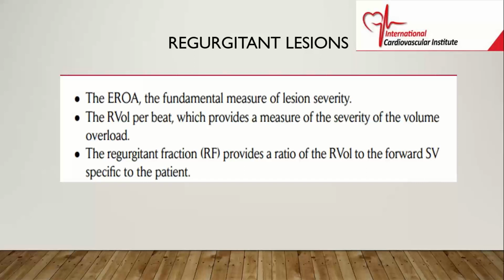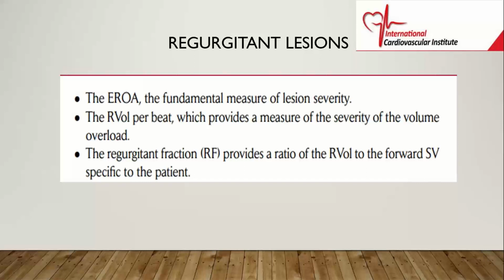So in diastole, when you have the forward flow across the mitral valve, it's going to be the normal flow plus the regurgitant volume that went back into the left atrium. So it's going to be larger than the normal flow across the other valves, and it's going to be abnormal by the amount of regurgitant volume that went into the left atrium.